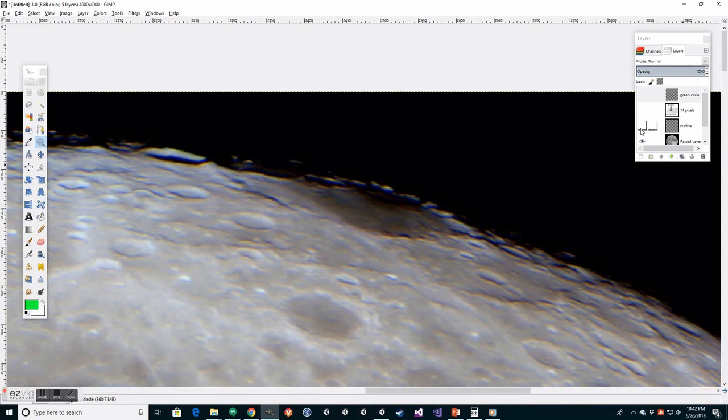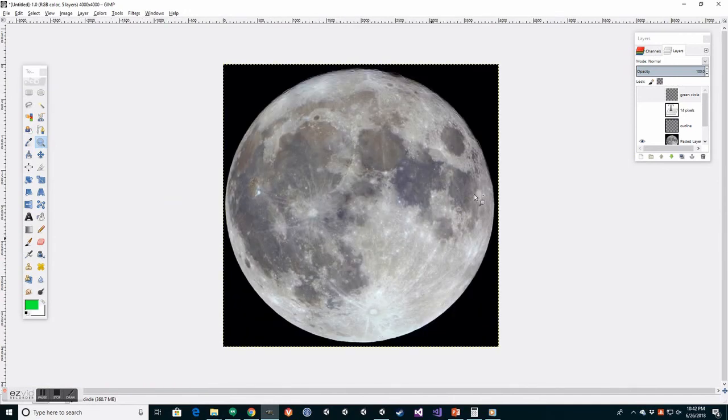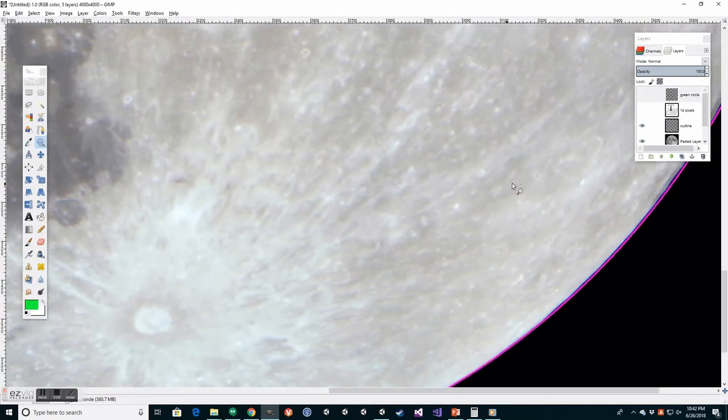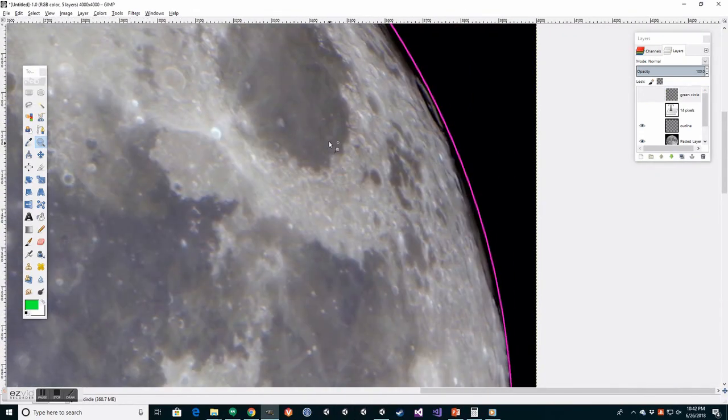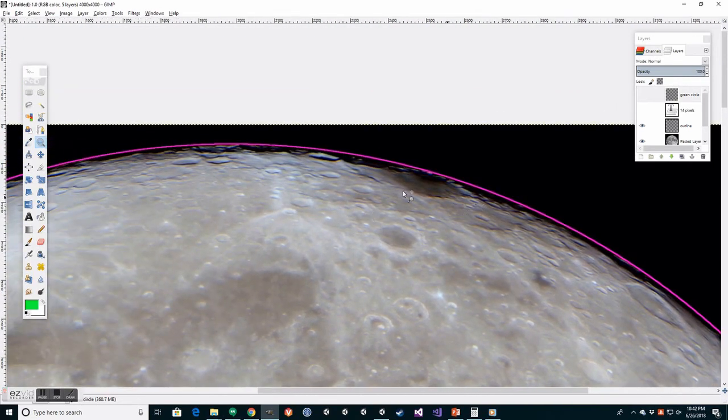So we slap a circle, let me zoom back out for you. A purple circle around the edge of the moon. The moon is not a perfect sphere, but I did my best to estimate approximately what the equivalent circle would be if it were fully illuminated, and that's what I came up with right there.